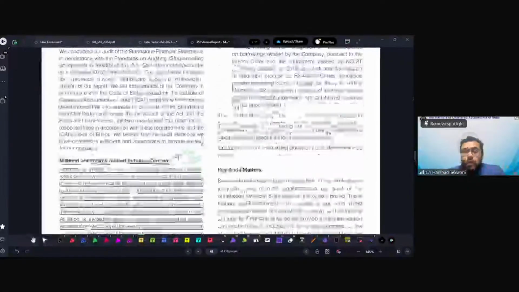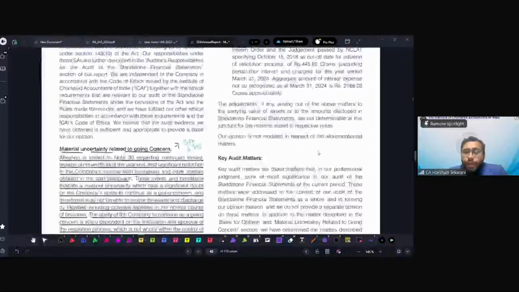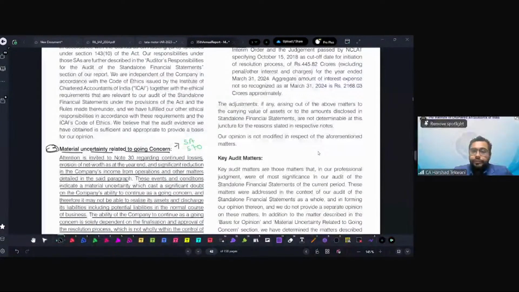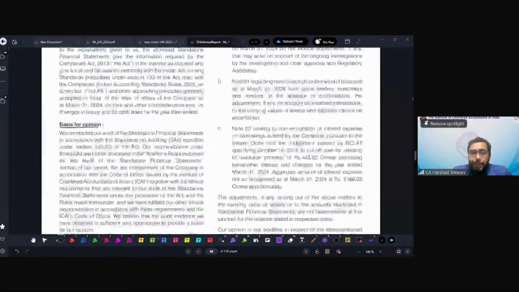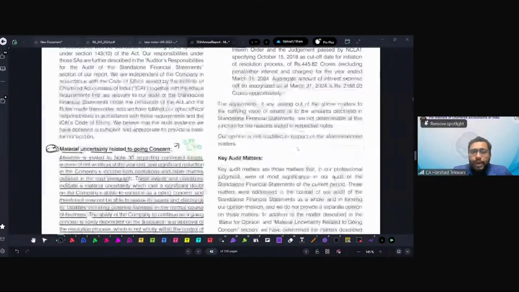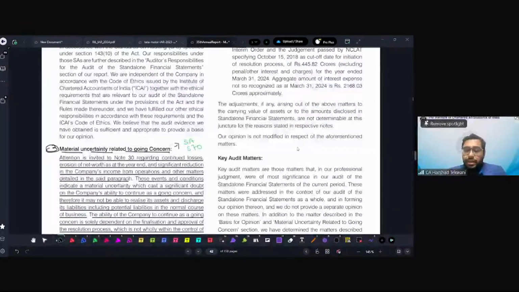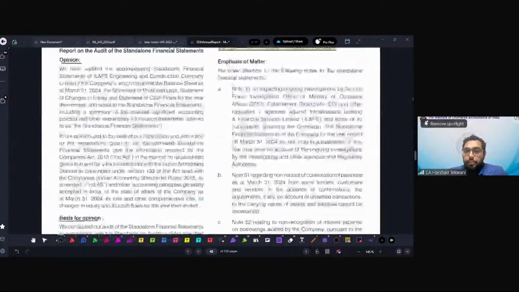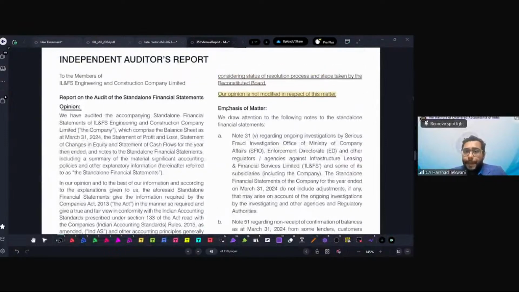So this is how you are required to draft your third paragraph, the material uncertainty paragraph. After the basis of opinion, you mention the material uncertainty. Clear? Any doubt?